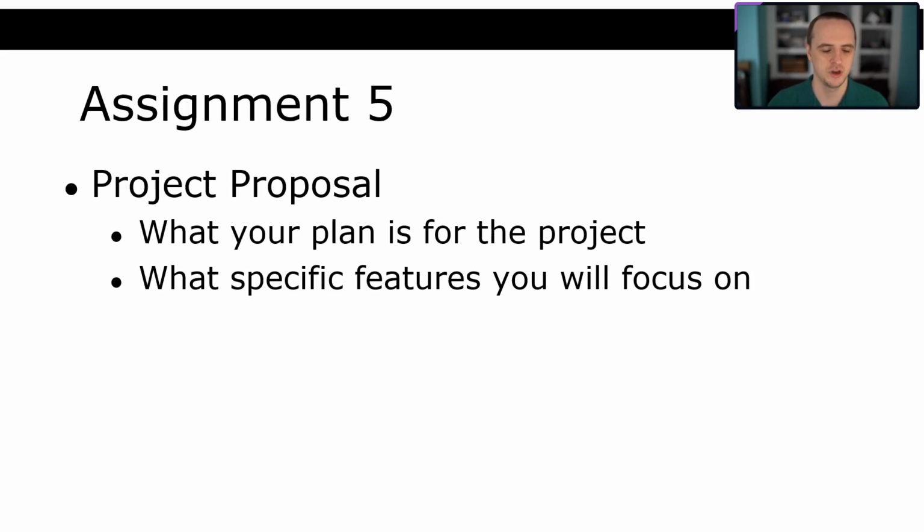I want you to write a page on what your plan is for the actual project. Now that you've gotten a taste of the API and you've set it up and you've written a little bit of code, I want you and your group members to sit down and say, okay, what is it that I will actually be doing for the project? And within that, what specific AI features are you going to focus on in the project?